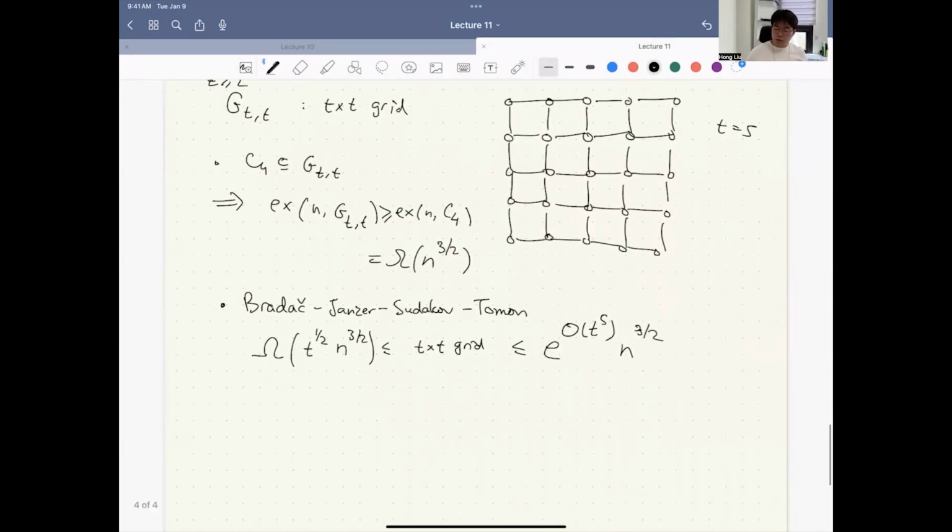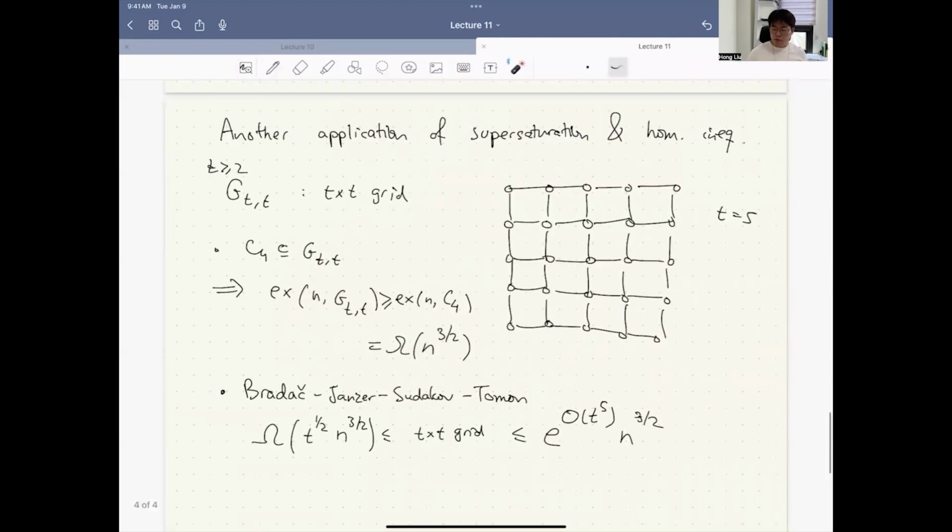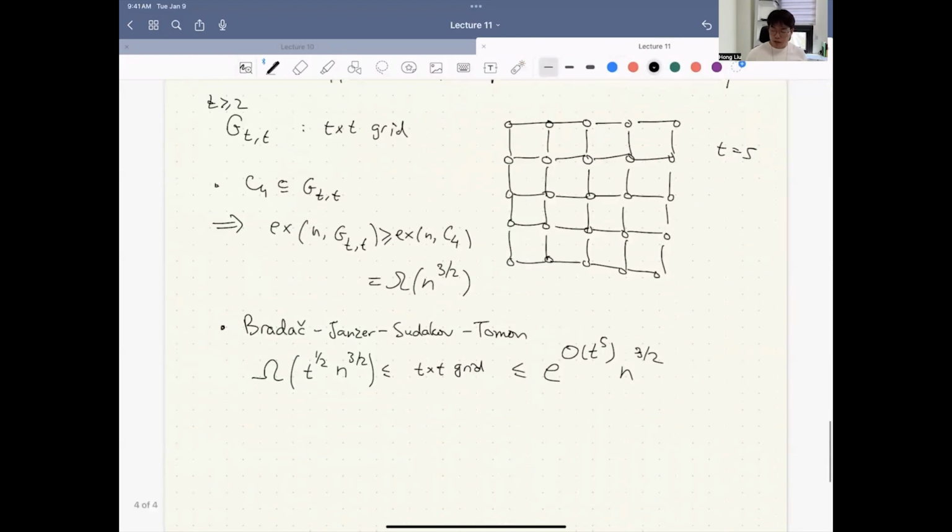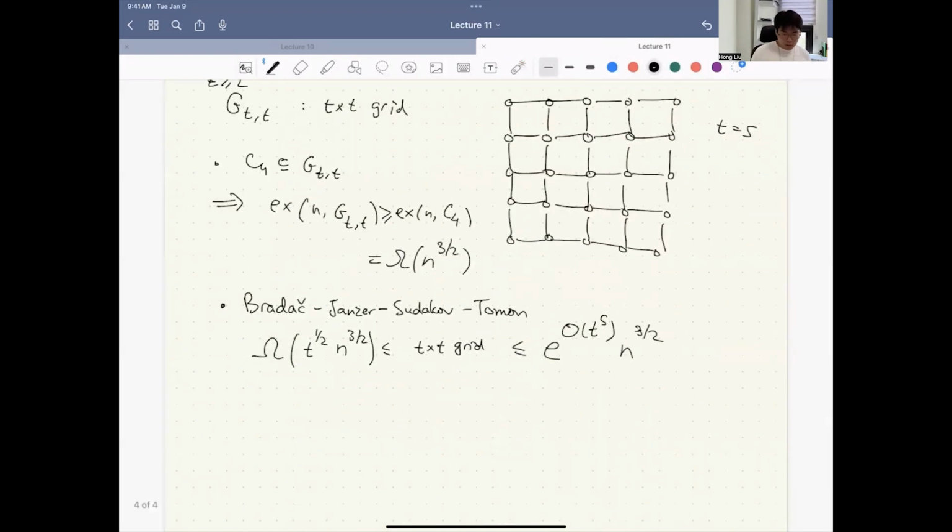So here we're going to present a proof making use of supersaturation and homomorphism inequality, a much shorter proof with a much better bound. This is a recent work of Jing Gao, also Oliver Janzer, myself, and Zixiang Xu.